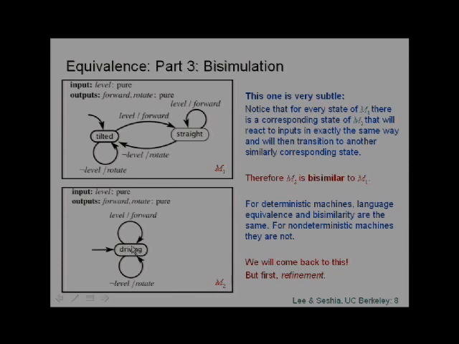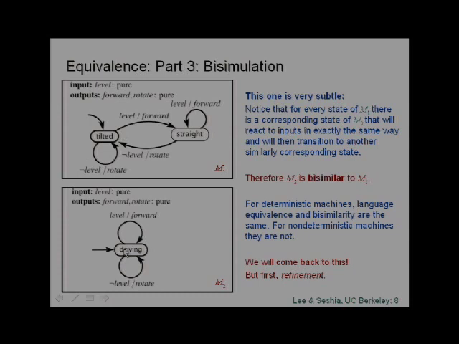Okay. Note, we're not talking about input sequences here. We're talking about individual transitions. So there's a relation between this state and this state, which is that to an outside observer, these two states behave equivalently, right? And moreover, it's not just the outputs, it's also the next states.